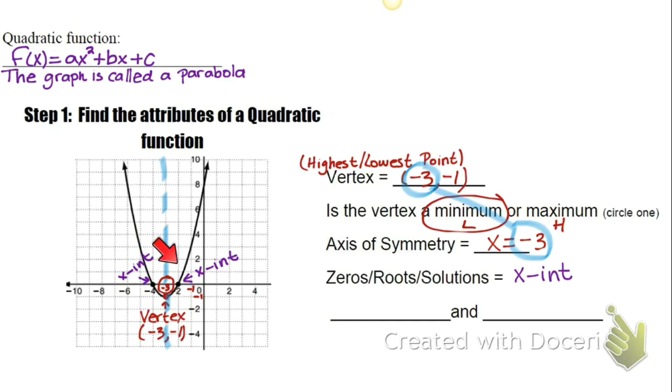We have two x-intercepts, that means that we have two zeros, two roots, and two solutions. So my x-intercepts, or my zeros, are -4, 0, which is the first one, and then the second one is -2, 0.